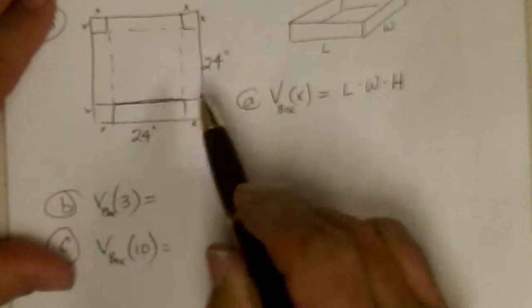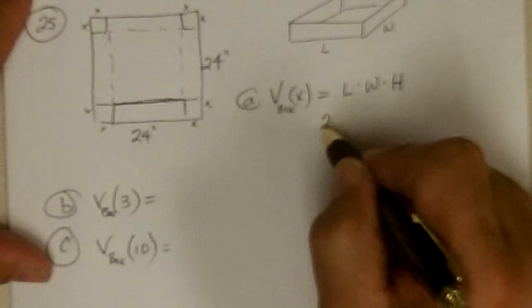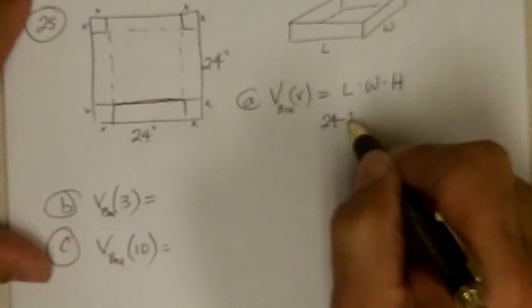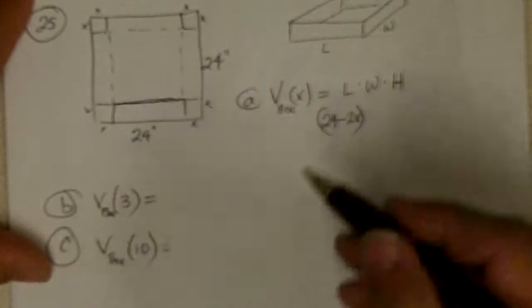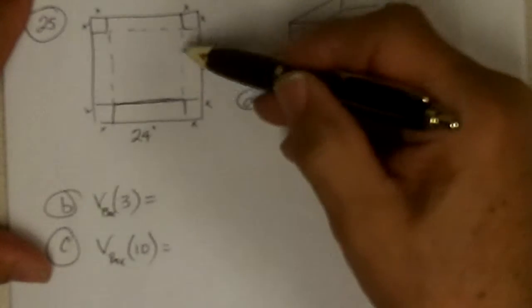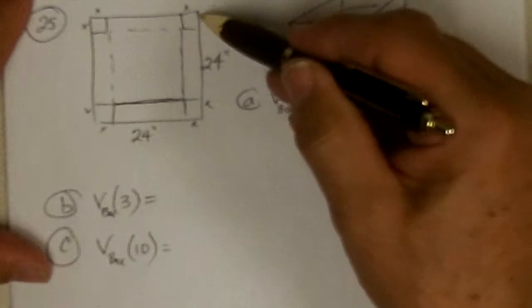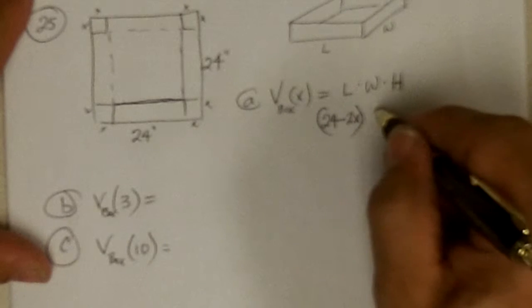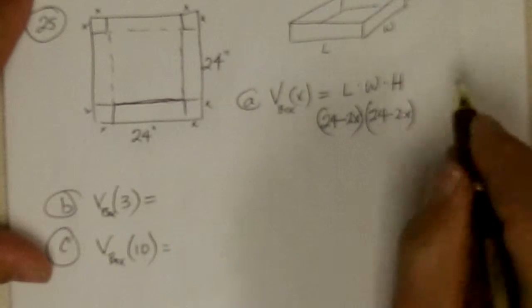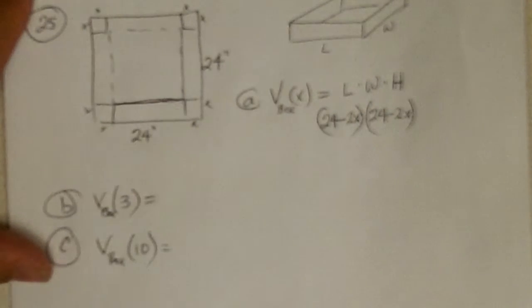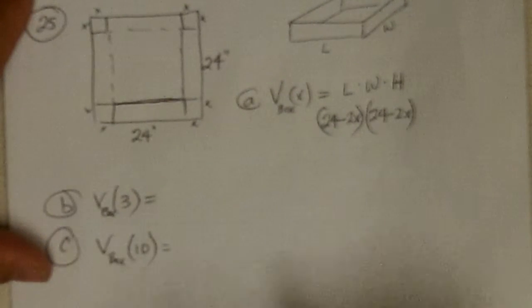So the length is 24 minus 2 x's, one on each side. The width, well, that's this one, which is the same thing, 24 minus 2x. So I could have just said squared on this one, because two of them multiplied by themselves is squared. And now the height.